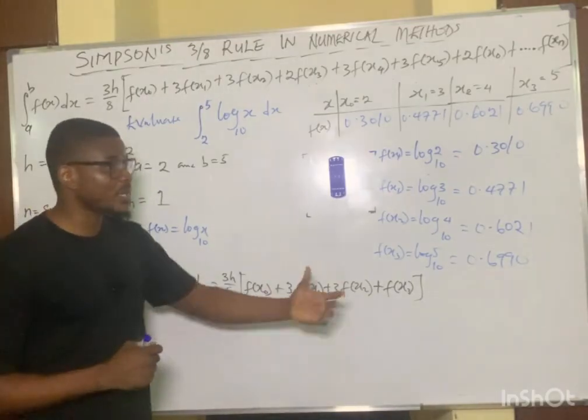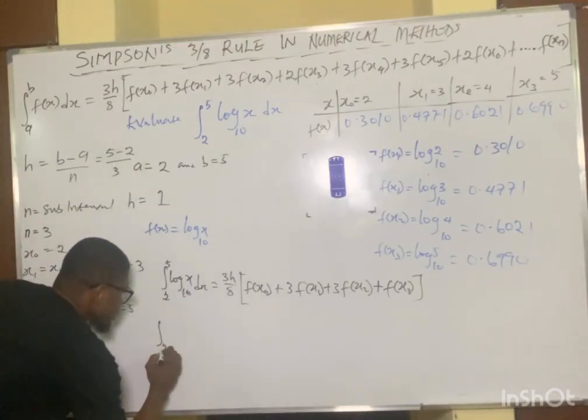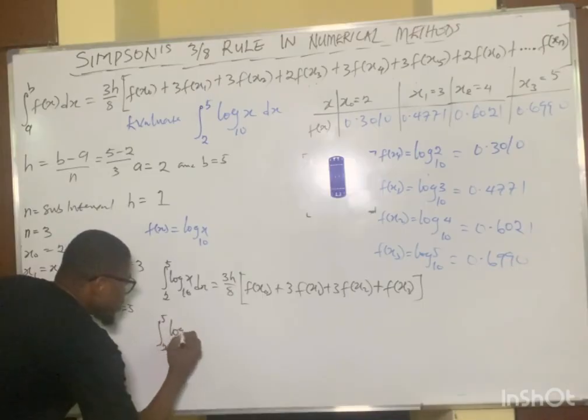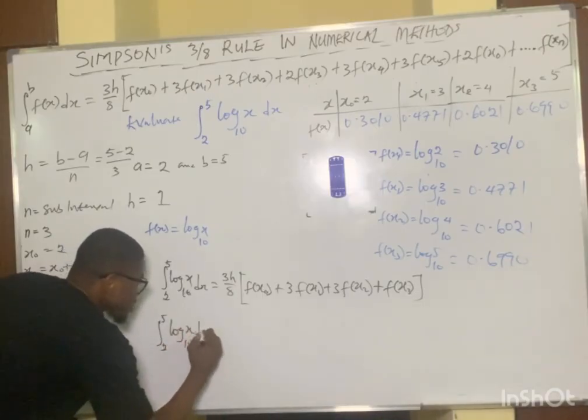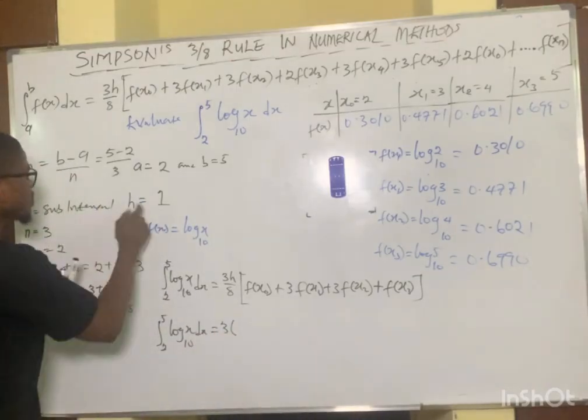Now let's simply plug in our values into the equation. The integral from 2 to 5 of log 10 x dx is going to be 3 times h. Our h is actually 1.